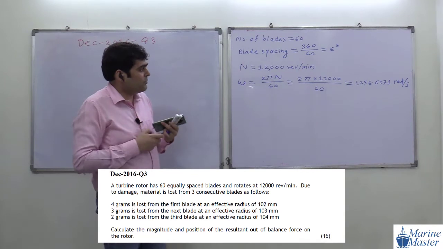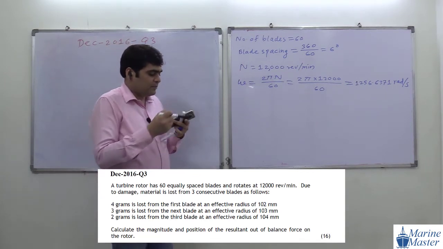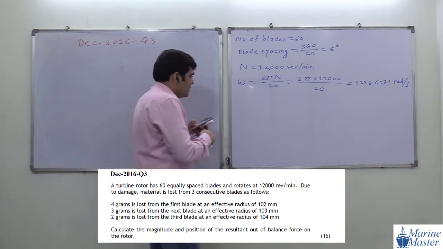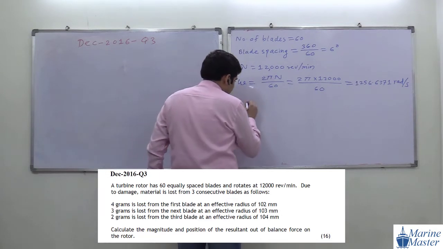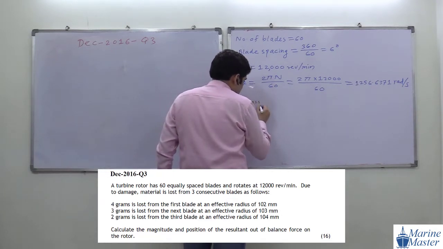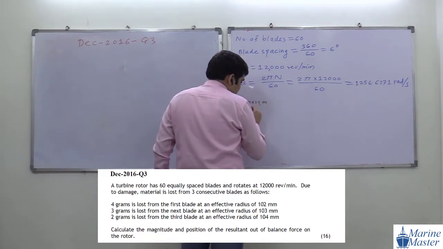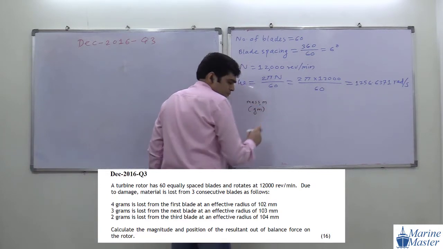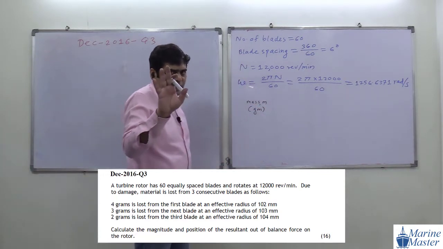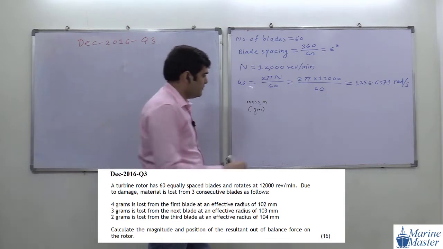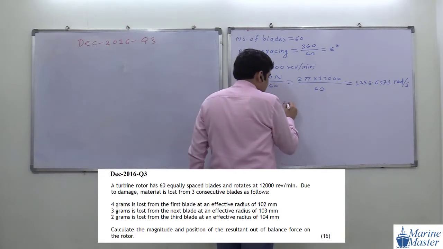Here I am going to make one table. In the table, mass m. Here, for making the calculation simple, I am taking mass in grams. Radius in mm.